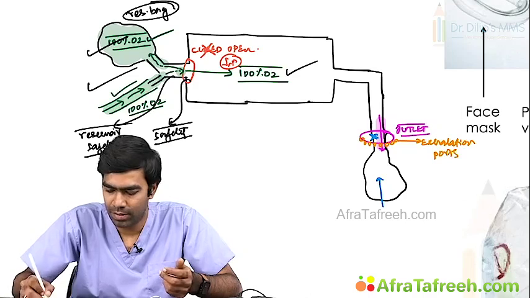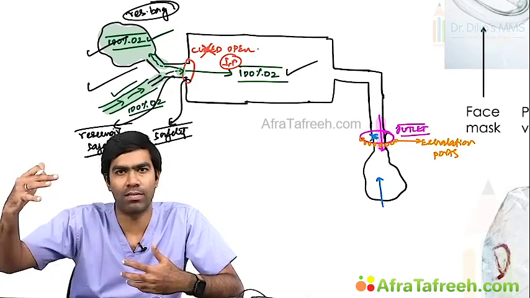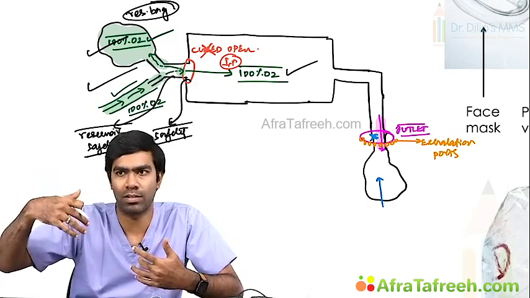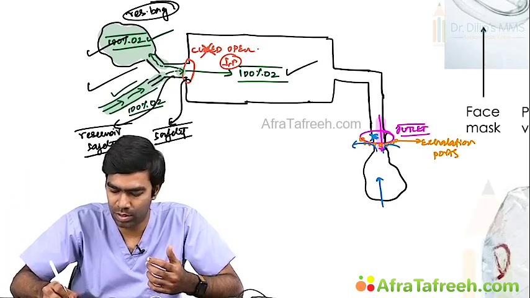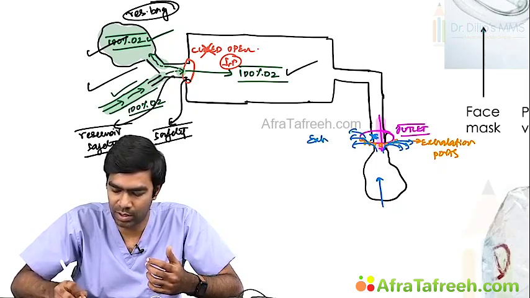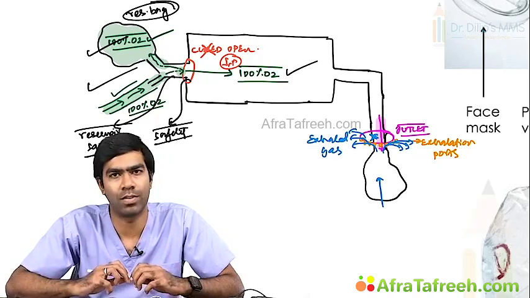Exhalation ports, where the outlet valve will close. It will not allow the exhaled gas to go into the self-inflation bag, but these exhalation ports will open so that the exhaled gas will leak into the atmosphere.